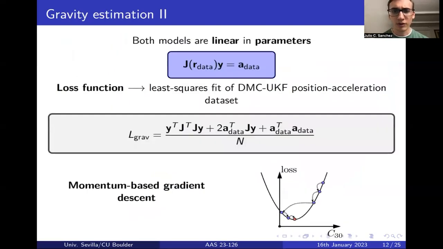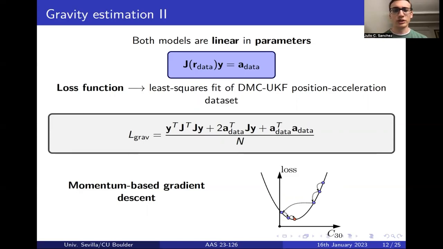So since both models we are considering have linear parameters, you have an equation that relates the Jacobian, the decision variables, and the acceleration dataset. And you could try to fit this with a cost function that is the least squares error of the summation of the acceleration residuals.